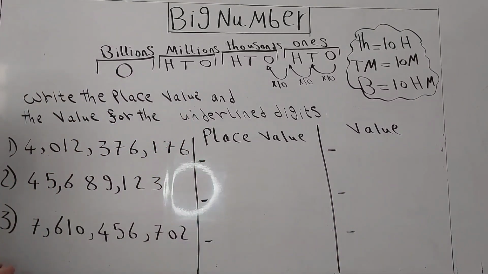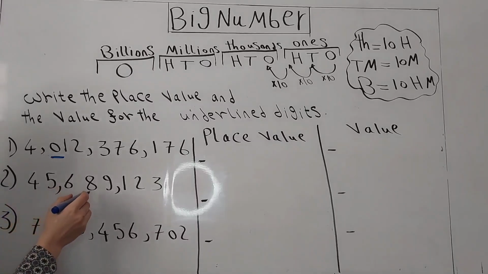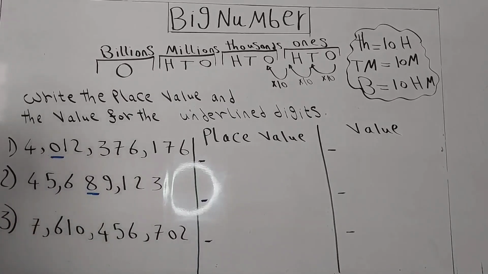The first one, we need to find the place value and value for the digit 0, and the second one for the digit 8, and the third one for the digit 7.